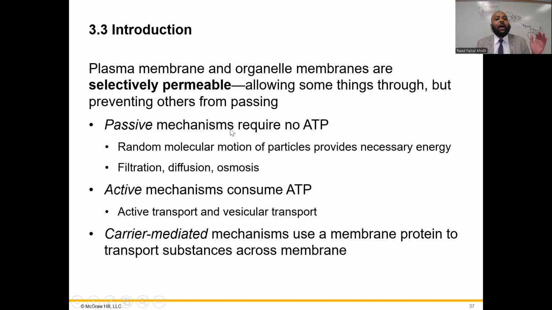So passive mechanisms require no ATP. They don't require energy in the form of chemical energy. But does that mean they don't require energy at all? You can never have movement without energy. Maybe you're not moving based on chemical energy, ATP, but you're moving based on some other type of energy. Who is powering the movement of diffusion?